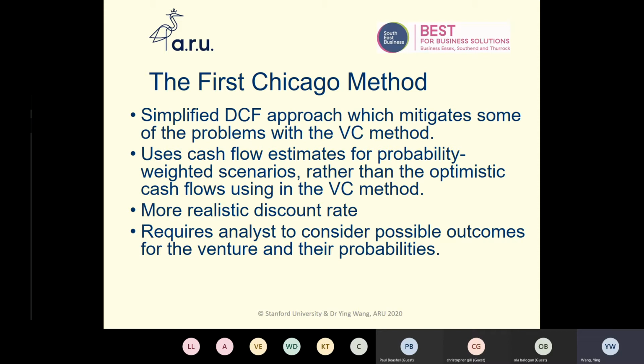And they tend to use a more realistic discount rate. They consider the possible outcomes and the probabilities. So the case study I will go through with you will actually use all of them to consider the true valuation of the business.